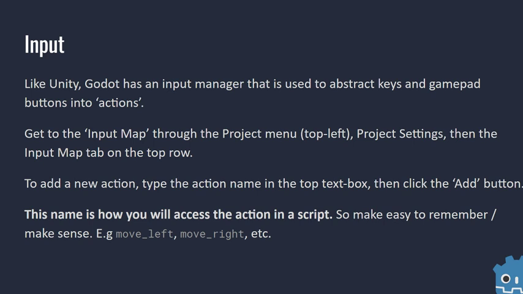Okay, so now we're going to add some input to our player, and this works very similar to Unity if you've used it. There is an input manager that you can add input actions into, and you can assign different keys or buttons to those actions.